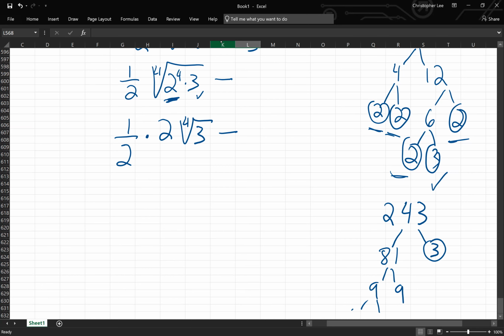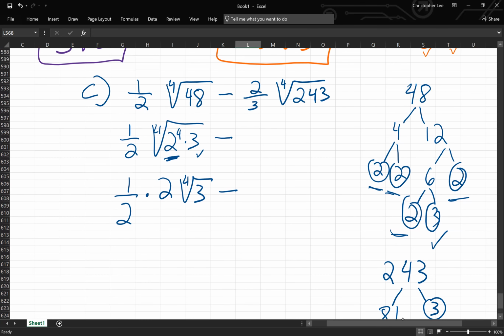Now, 81 we know is just 9 and 9. And you already know 9 is 3 and 3, and 9 is 3 and 3. So let's look. I have 1, 2, 3, 4, 5 3s, right? Do 2 over 3 here. I need only 4 of them to cancel out with the 4th root.